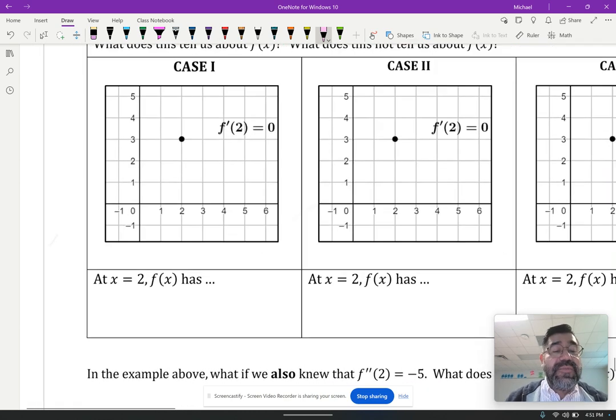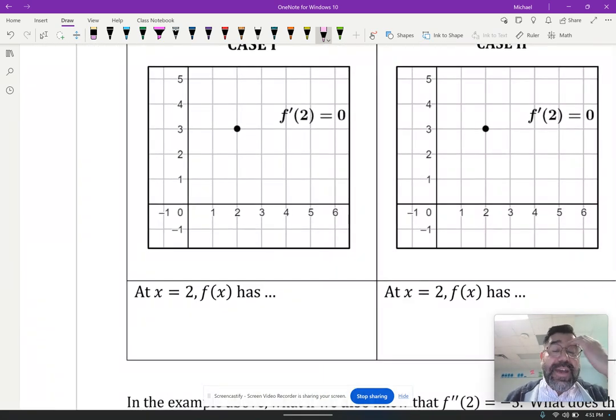So I know that f prime of 2 is equal to 0. If f prime of 2 is equal to 0, that means x equals 2 is a critical value. And it's a critical value because the derivative is equal to 0. If the derivative is equal to 0, that means the slope of the tangent line is equal to 0. I could have something that looks like this, right?